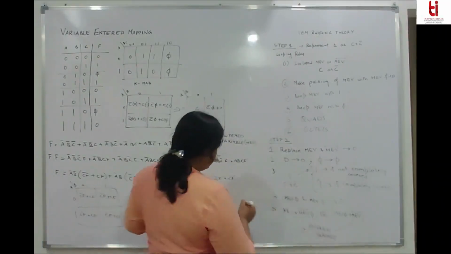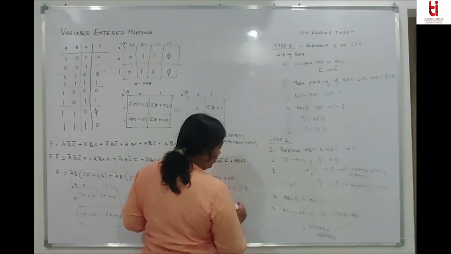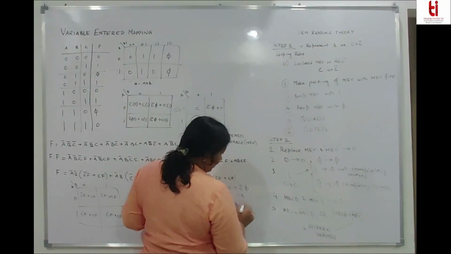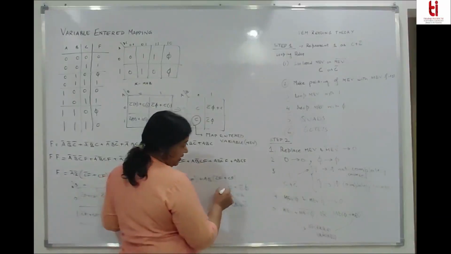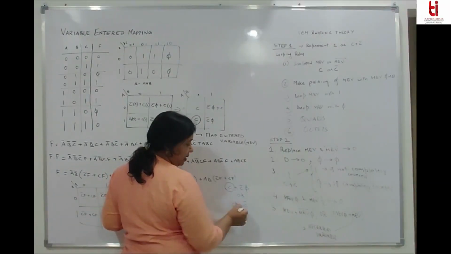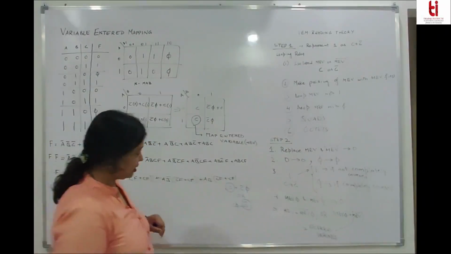You can have C plus C bar 5 as one of the terms, or you can have C5 plus C bar as one of the terms. So the necessary variable is, this is a necessary variable, this is a necessary variable. So C and C bar are the necessary variables.